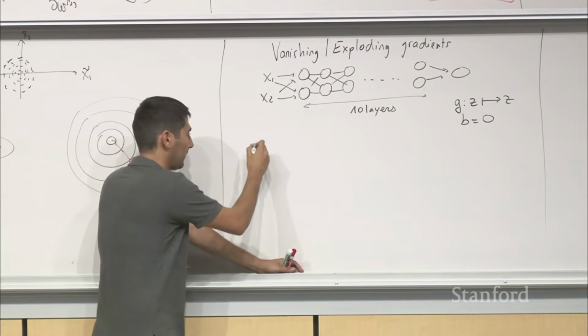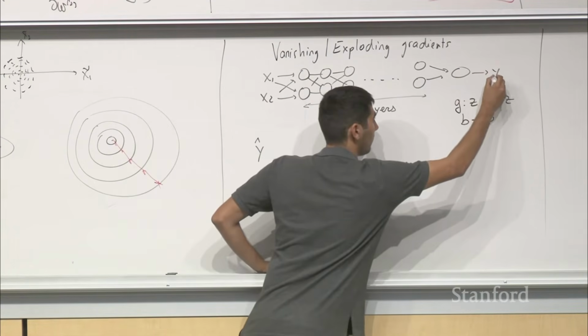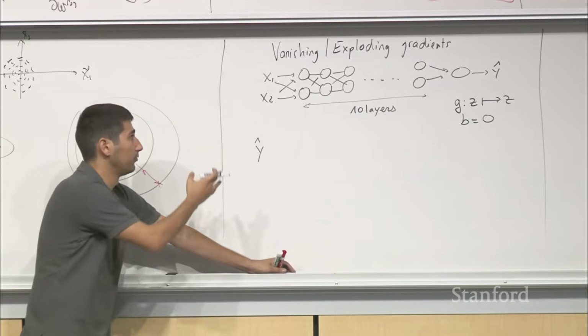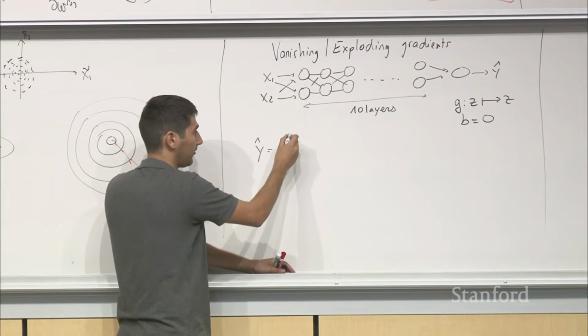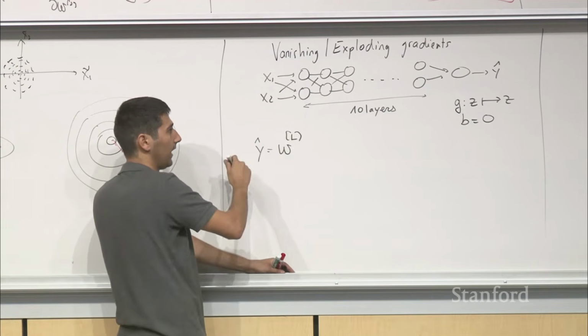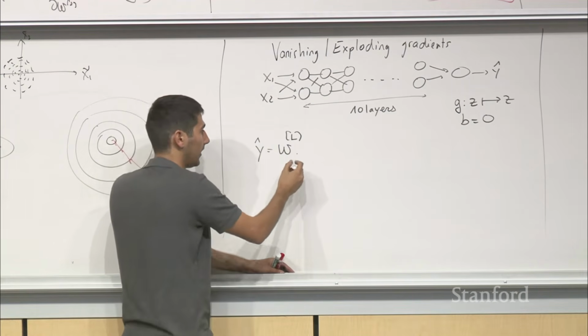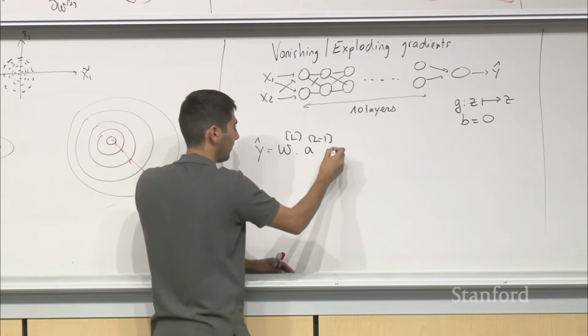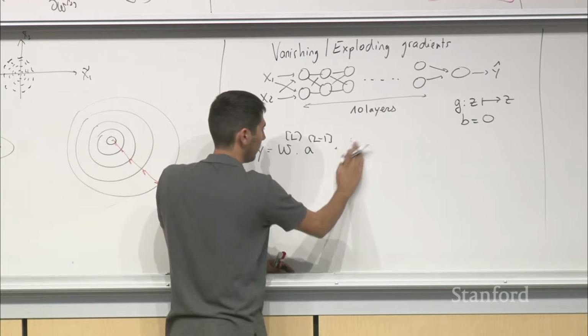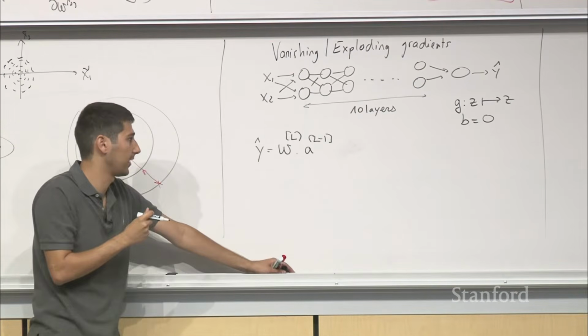If you compute y hat, the output of the network with respect to the input, you know that y hat will be equal to W of layer L, where capital L denotes the last layer, times A L minus 1 plus BL, but BL is 0, so we can remove it. WL times AL minus 1.